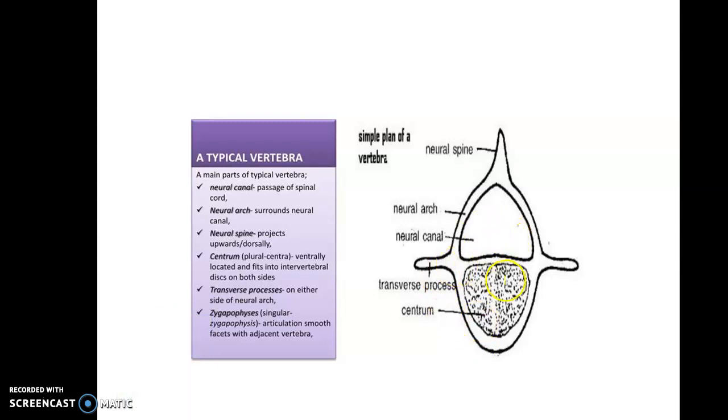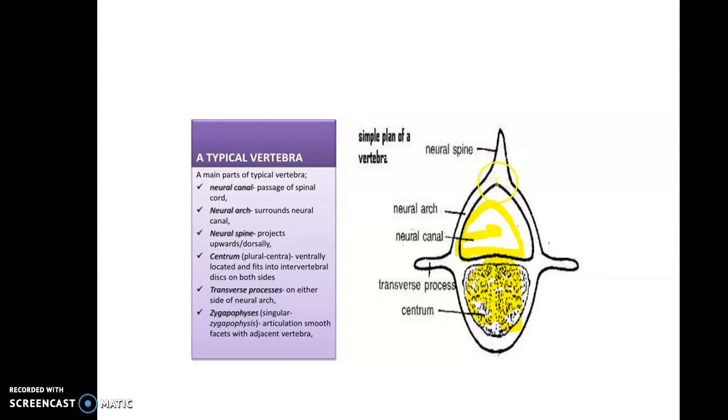This is the centrum. The centrum has an upper neural arch. This is the neural arch. It encloses the neural canal. This is the neural canal.